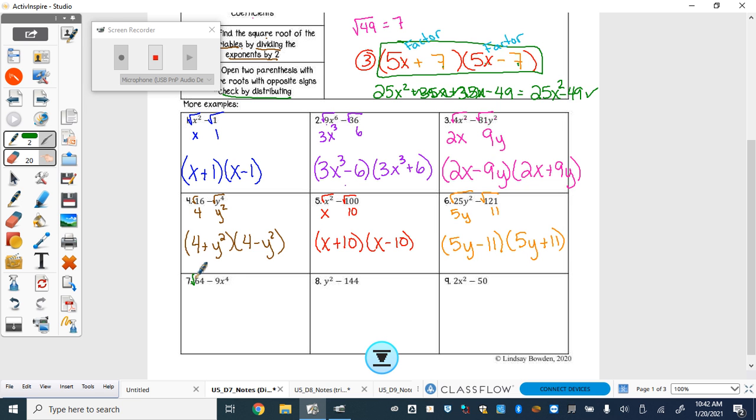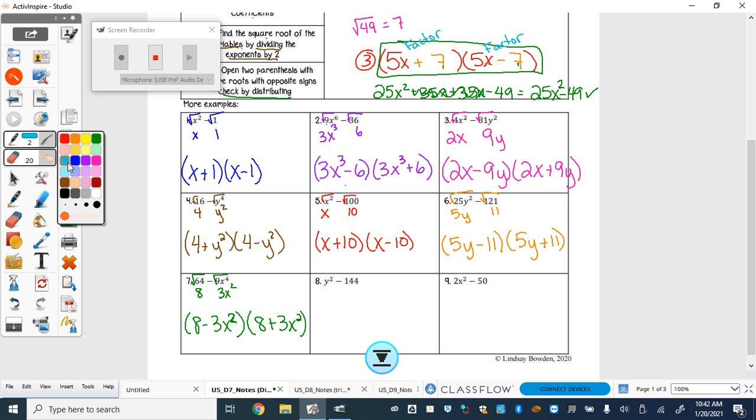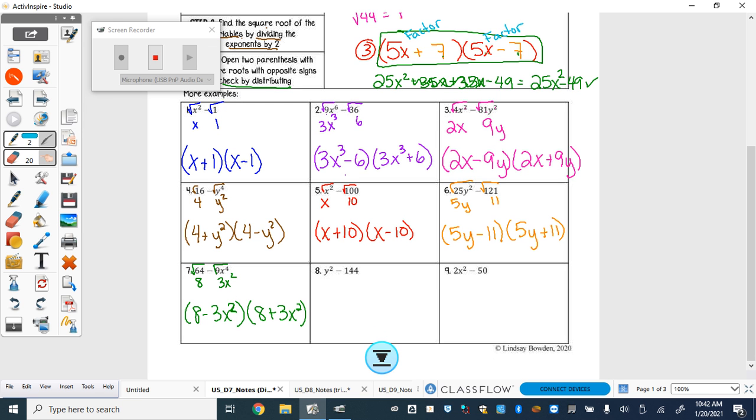Number 7, same thing. Square root of 64 is 8. Square root of 9x to the 4th would be 3x squared. So 8 minus 3x squared, and then 8 plus 3x squared. And again, plus and minus, it does not matter which one comes first, as long as they are both there. Number 8, square root both sides, I get y and 12. So y plus 12 and y minus 12.